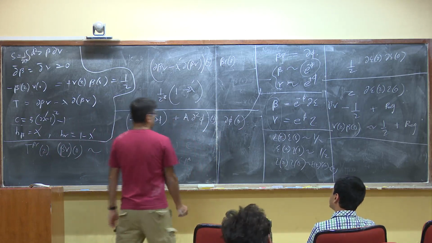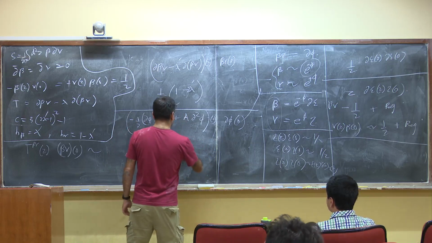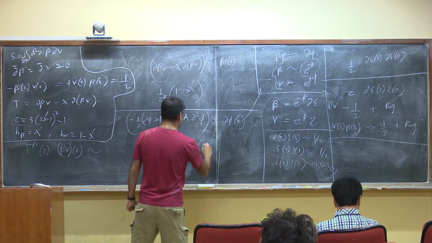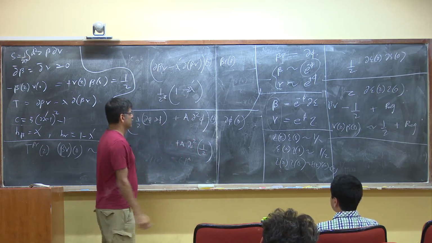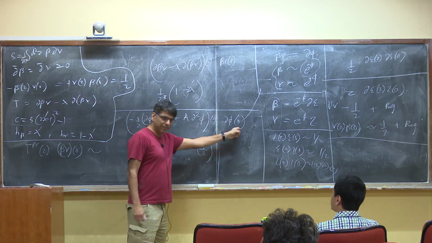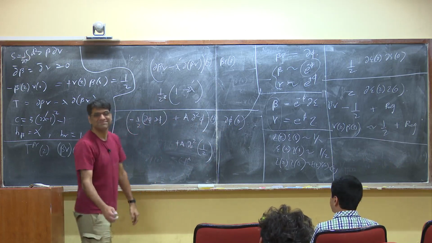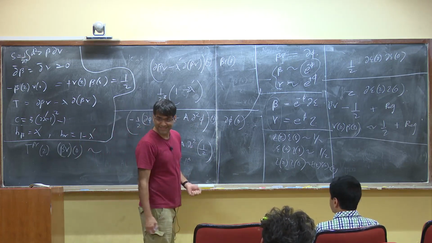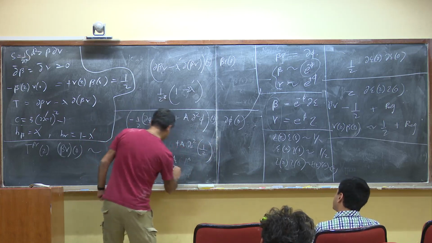To calculate the 1 by z cubed, it's a times del z squared of minus 1 by z, plus 1 by z. There's one minus because there was a minus in the OPE. And there's one minus because we took a derivative from the other side. Now this will get 2 minuses in the derivatives, so we'll get 2 into 3, so that's 6a by z cubed.